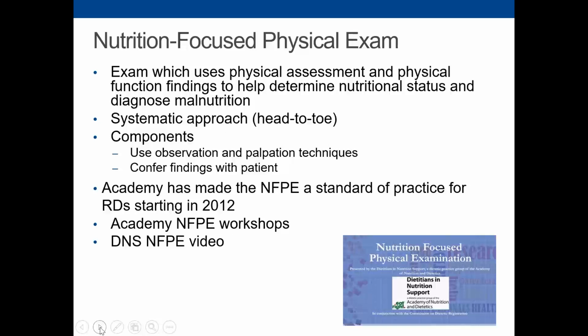One thing that I find very exciting about nutrition-focused physical exam is it's something that is so unique to dietitians and what we can contribute, because I've seen this for many years, probably the only thing I see in regards to physical exam that's nutrition related, documented by providers, is in the very severely malnourished individual.